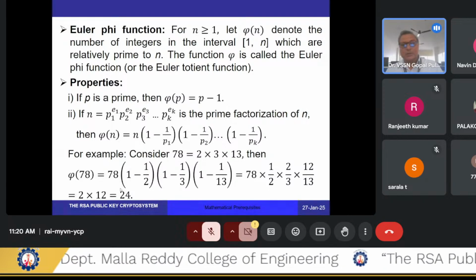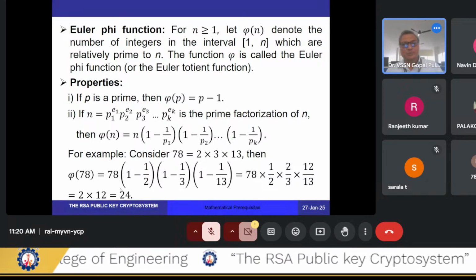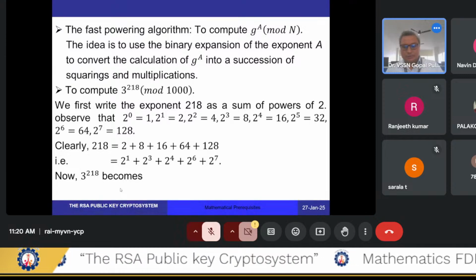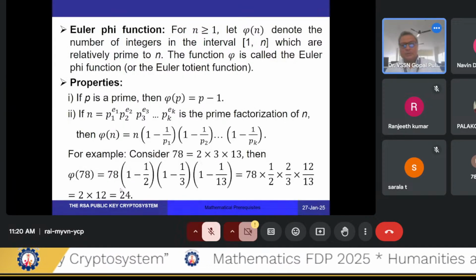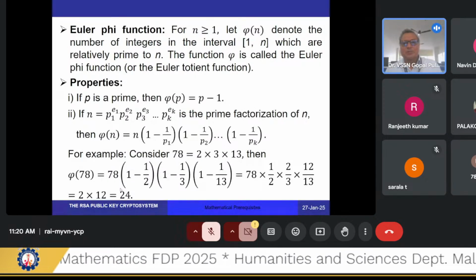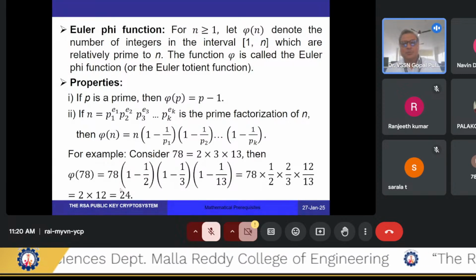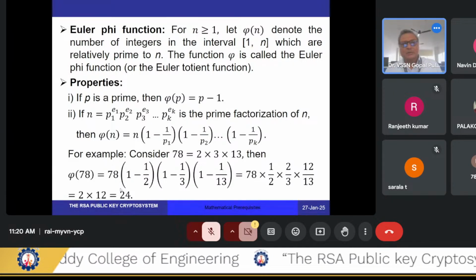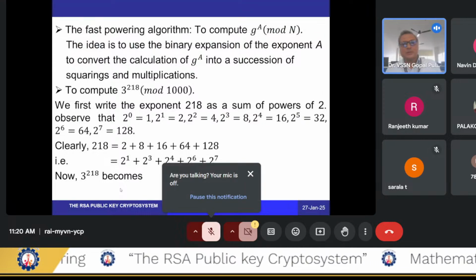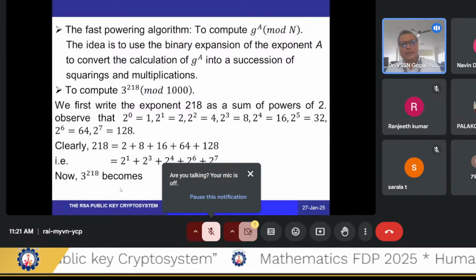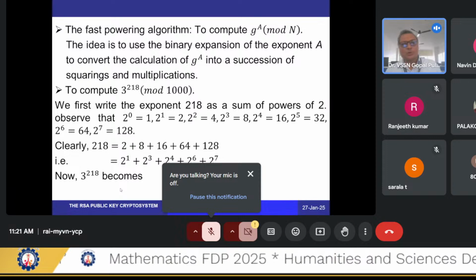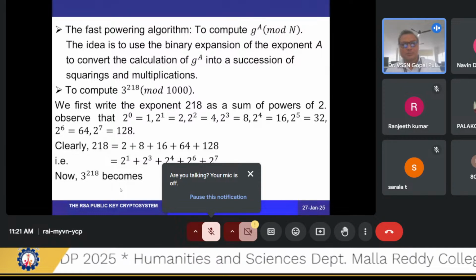Okay, so let us move to the next one. I hope this particular definition as well as the properties we just finished are clear. So let us move on to the next slide. In this slide, I would like to highlight an algorithm, the so-called fast powering algorithm.